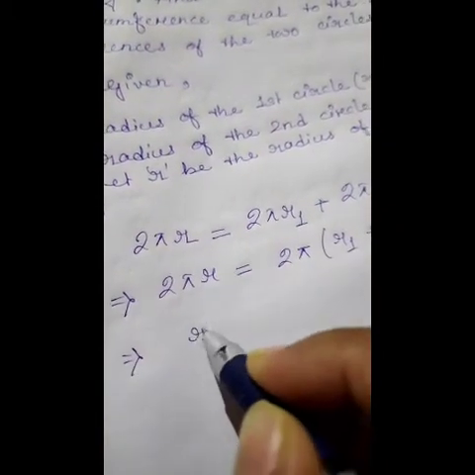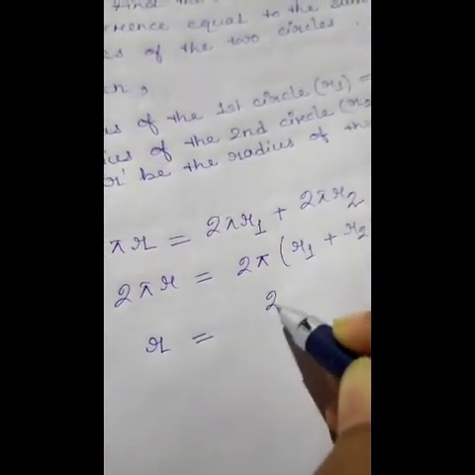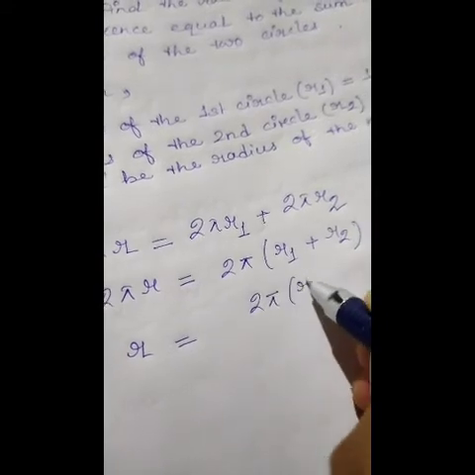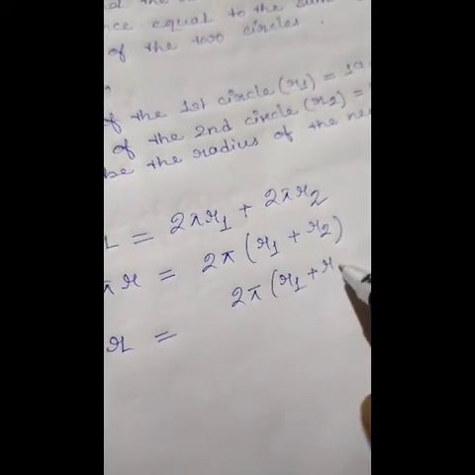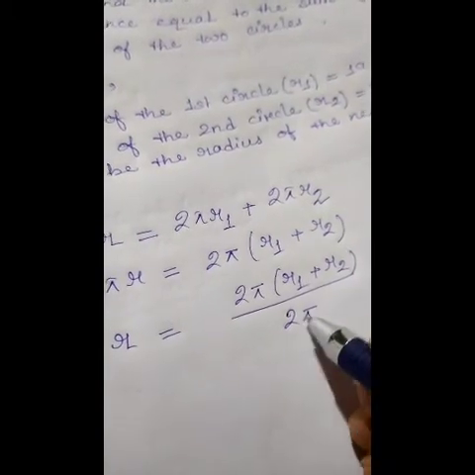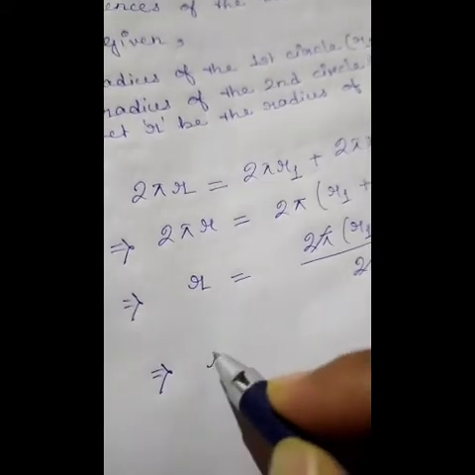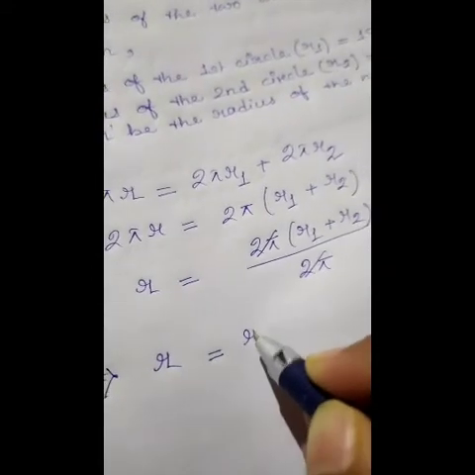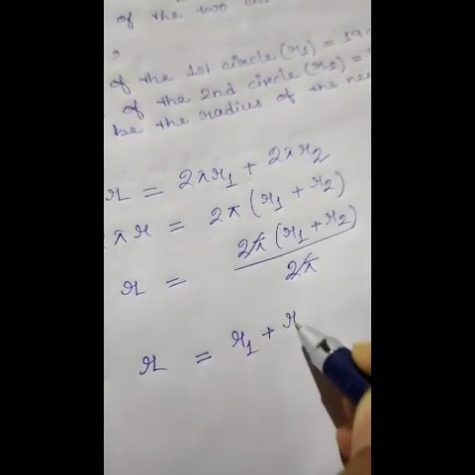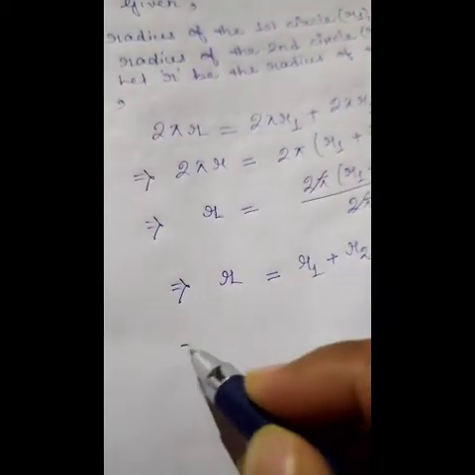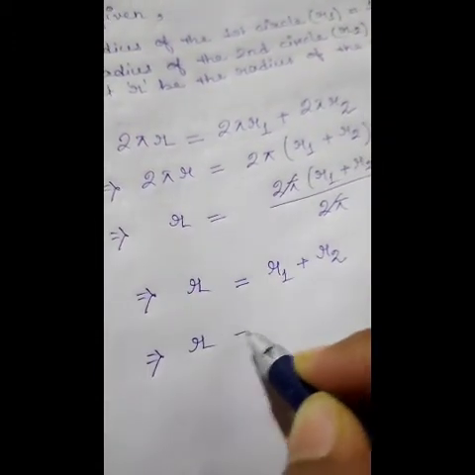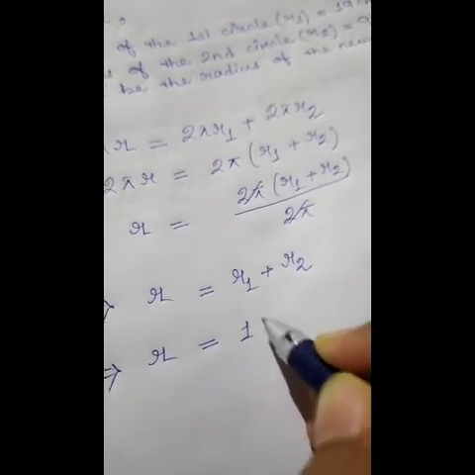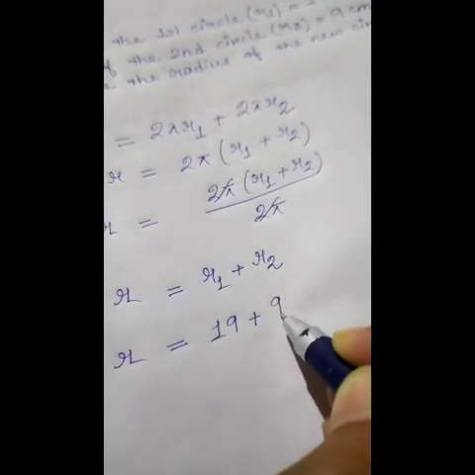This implies r is equal to 2 pi (r1 plus r2) divided by twice pi. This 2 pi and 2 pi will be cancelled out. Therefore, r is equal to r1 plus r2, which implies r is equal to 19 plus 9.